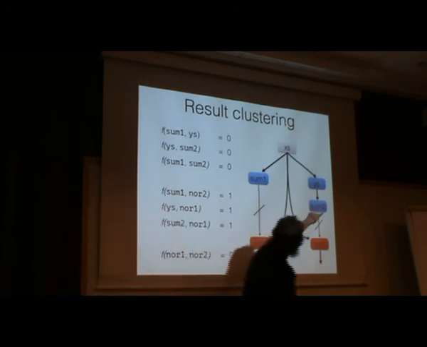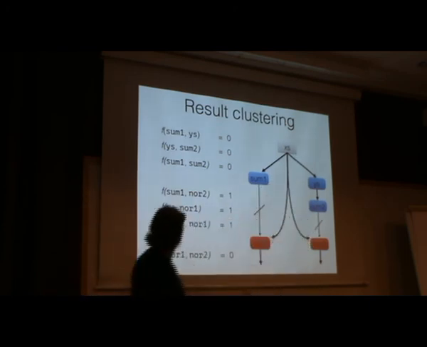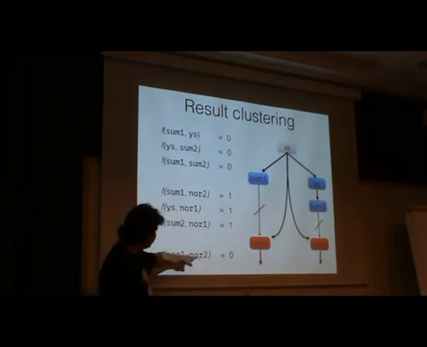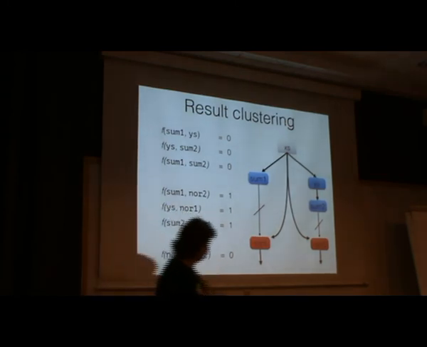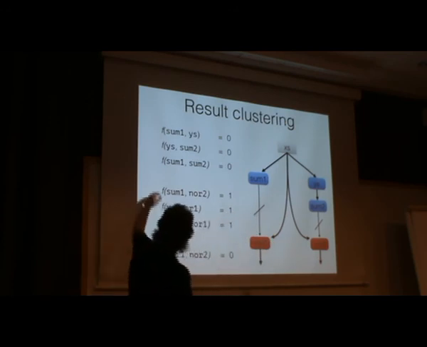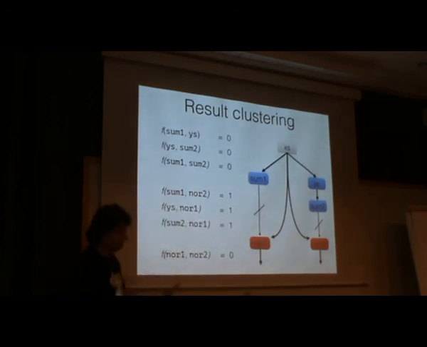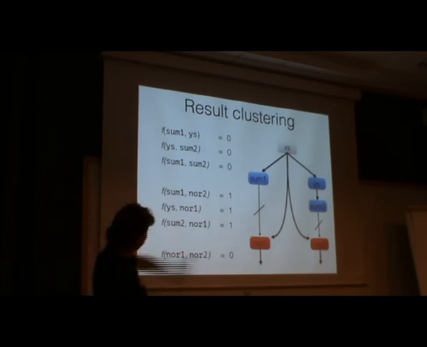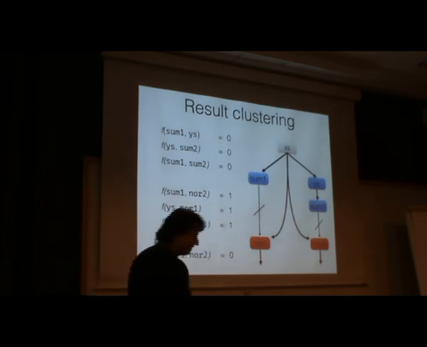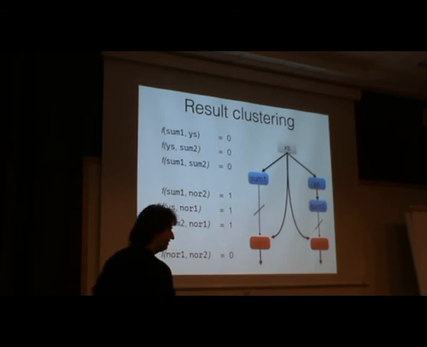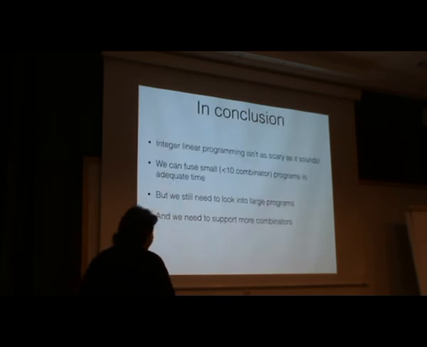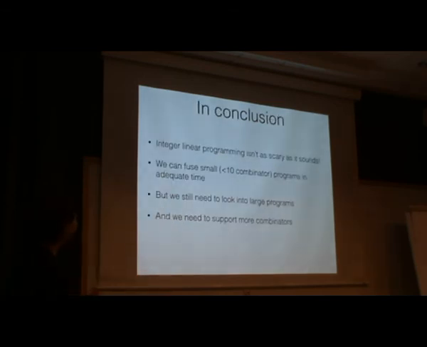So that's a nice blue cluster. And nor1 and nor2 should also be fused together. And all the other things, they shouldn't be fused together. So that's the clustering that we wanted in our original Fortran program.